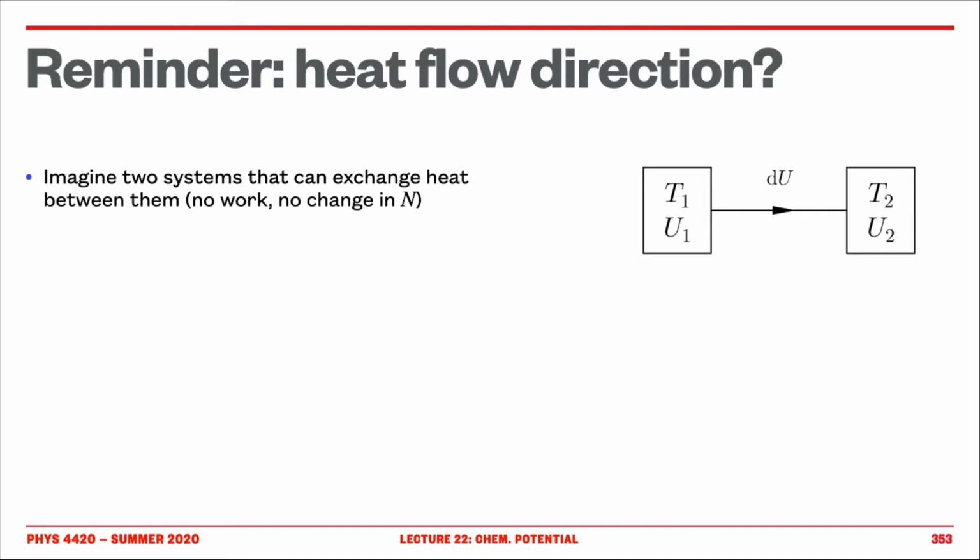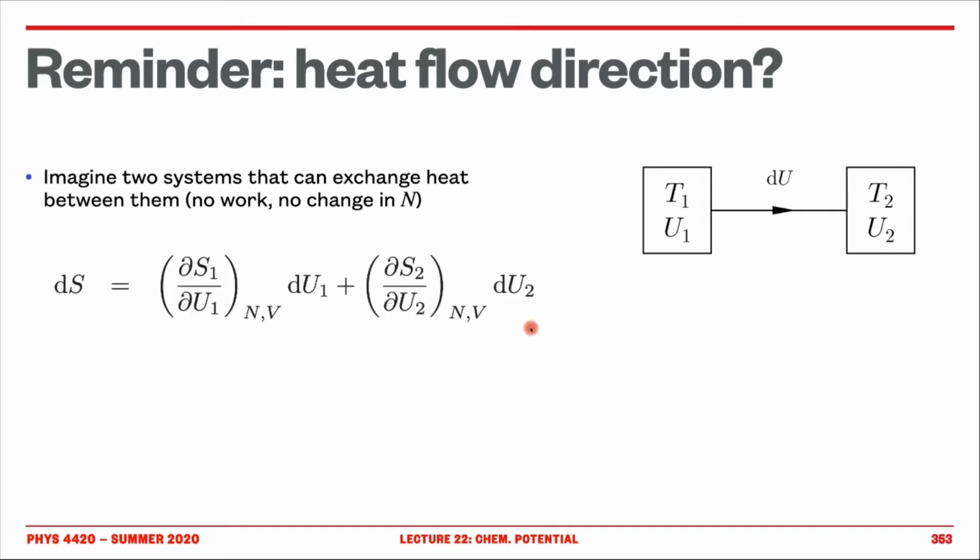In fact, this is even the first statement of the second law of thermodynamics, which is Clausius' statement, that if there are no other processes involved, heat will always flow from the hot reservoir to the cold reservoir. This is where we started from. So basically, we did this when we didn't have to bother with the change in number of particles. So let me remind you how we did this.